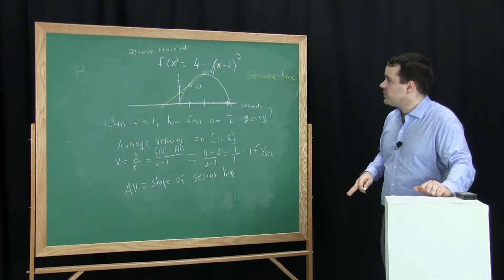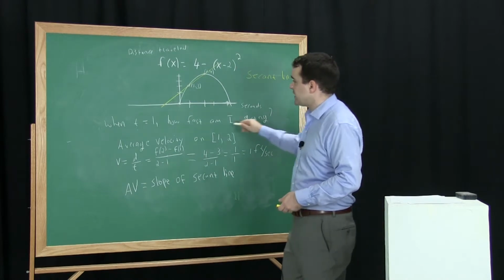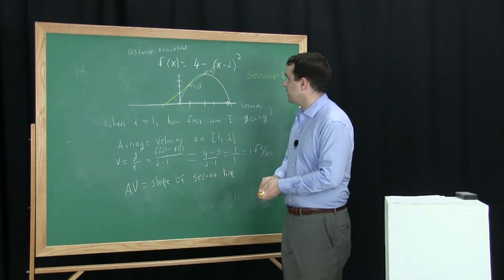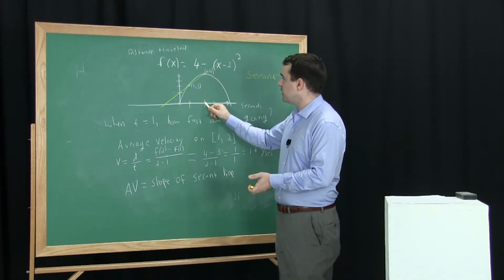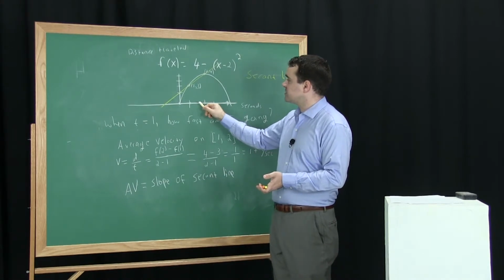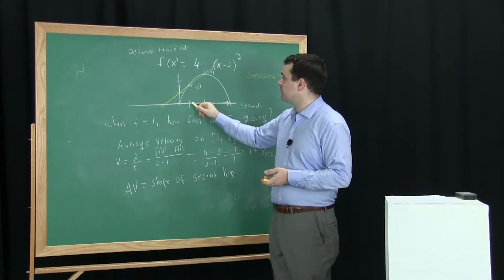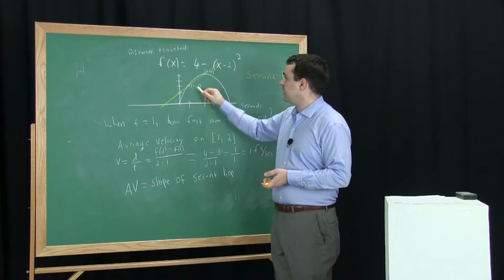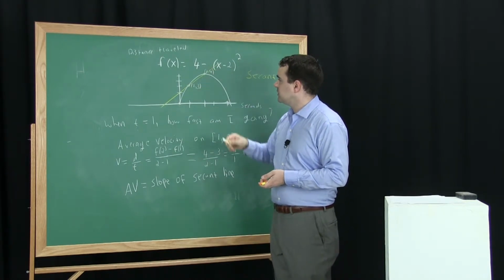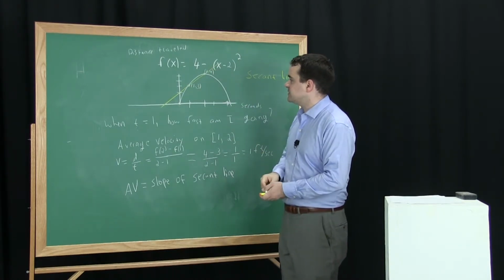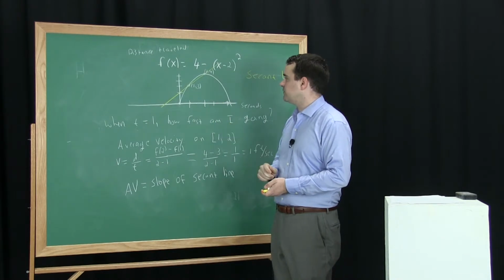And so what I want to do to figure out how fast I'm going exactly at t equals 1, well, maybe I can look at the average velocity on a smaller interval. Maybe I can go from 1 to 1 1/2 and draw a different secant line. And that average velocity is now on a smaller interval.